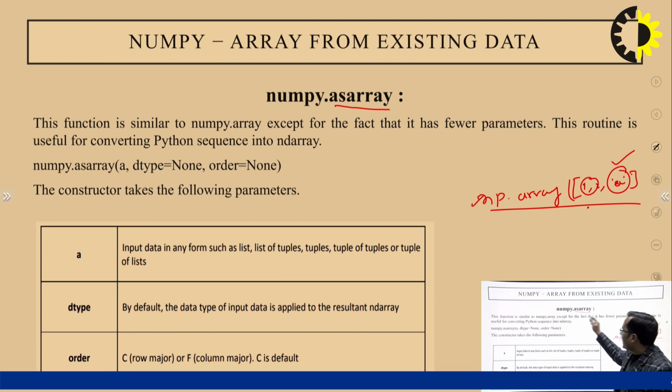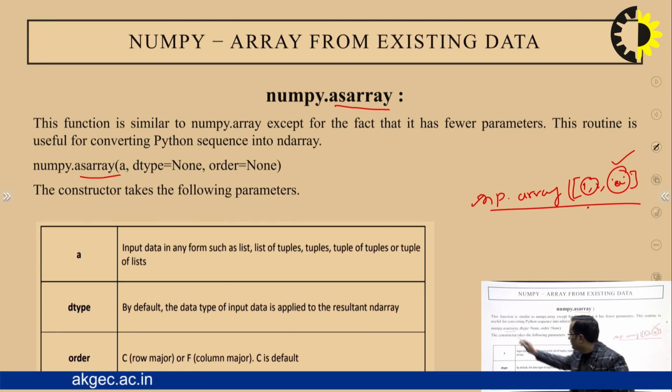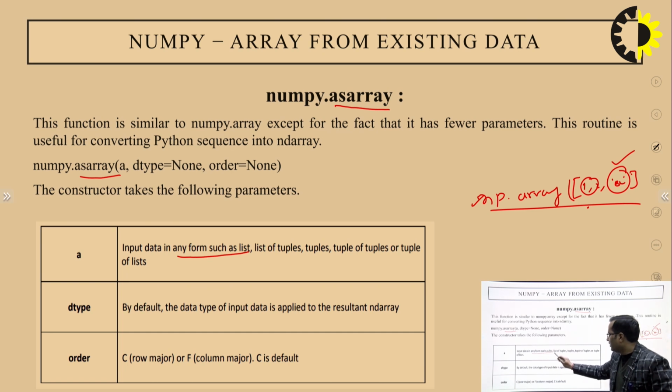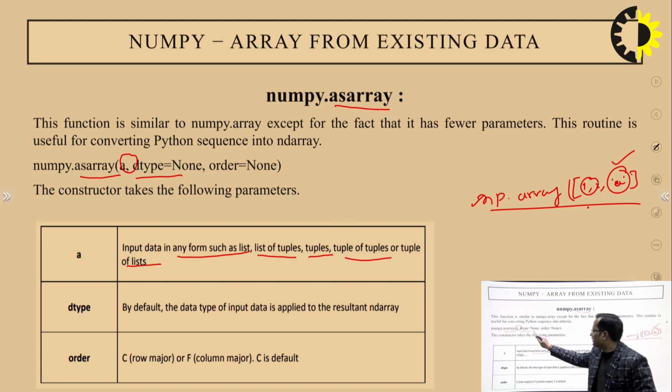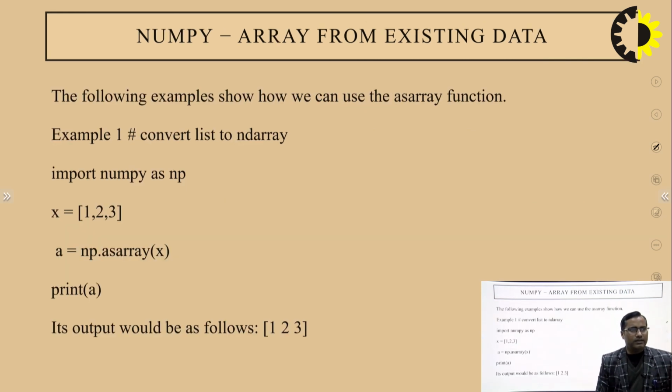The asarray function is also similar to NumPy array, except that it has fewer parameters. For the NumPy asarray function, we have to provide input data in any form, such as a list, list of tuples, tuples of tuples, or tuples of lists. First we provide the data, then the dtype parameter, and then the order parameter, as we have seen when creating arrays in previous examples. So this is NumPy array from existing data.